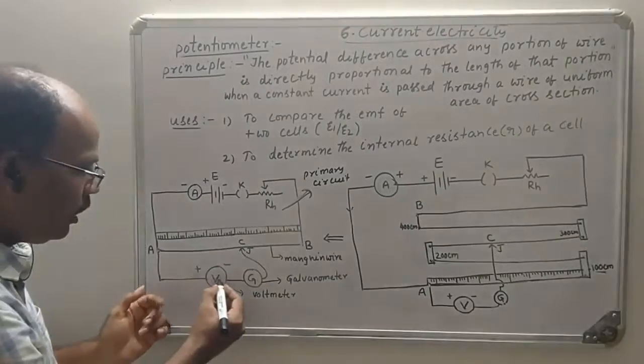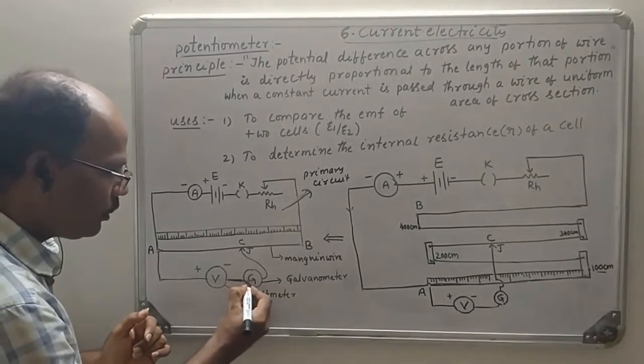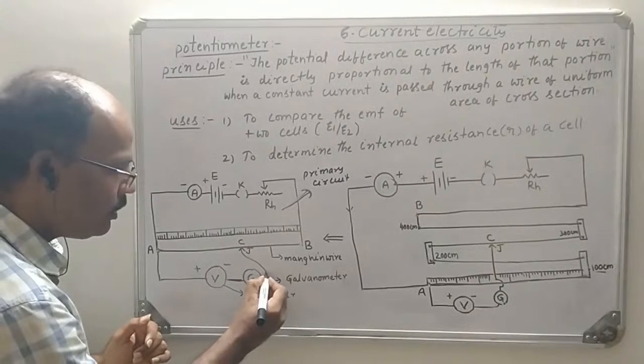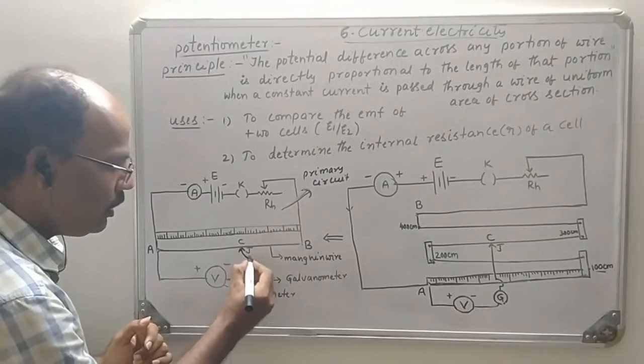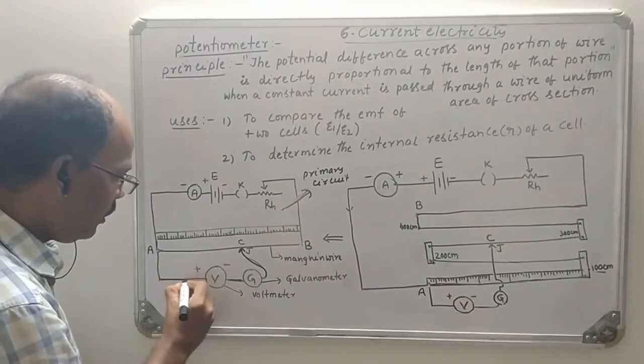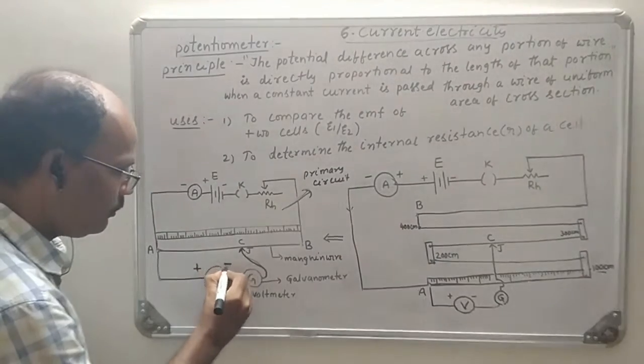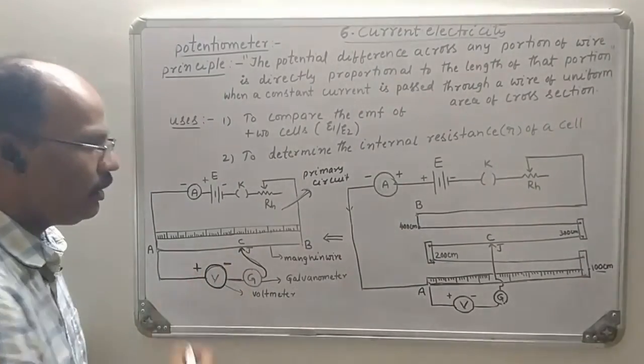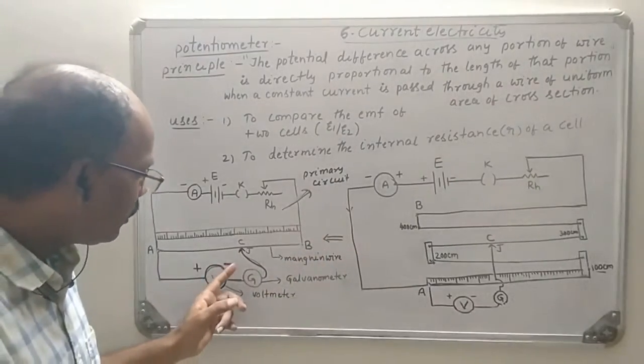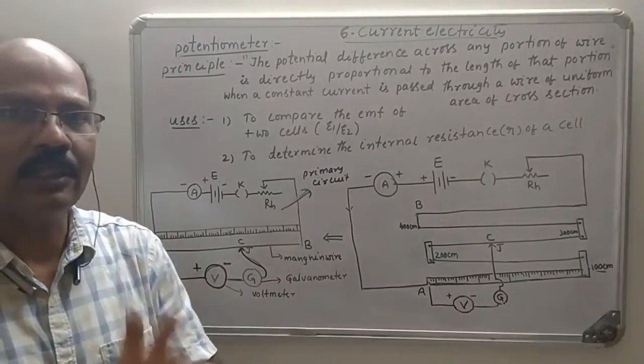So this is the galvanometer and it is connected to the jockey J. These are in series combination. So this is the voltmeter. This circuit is called the secondary circuit.